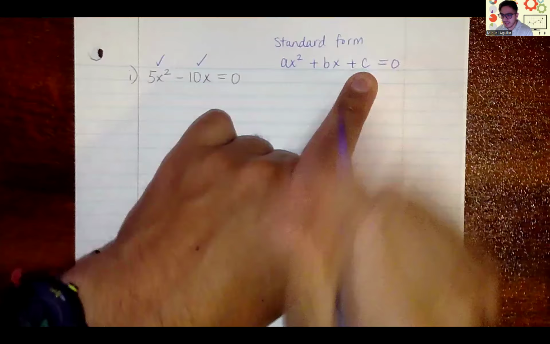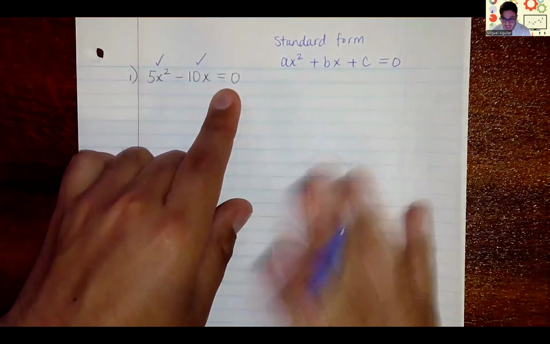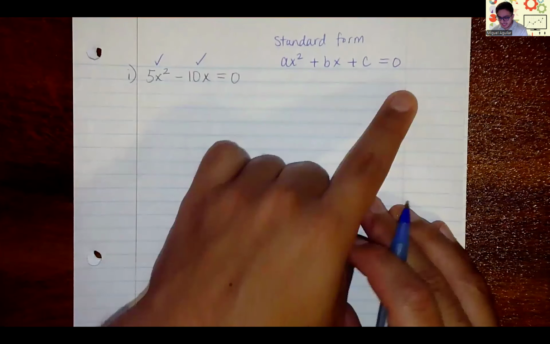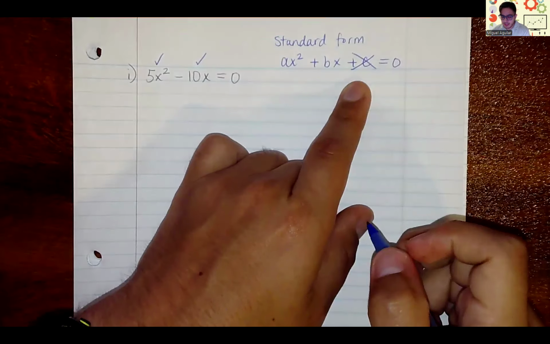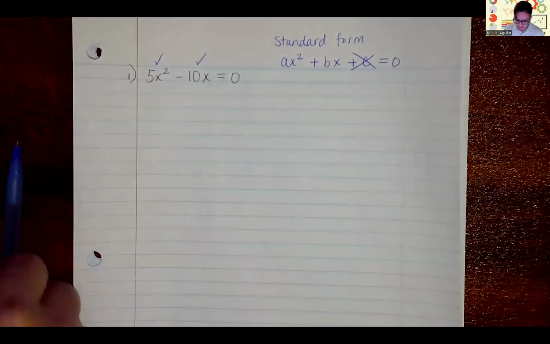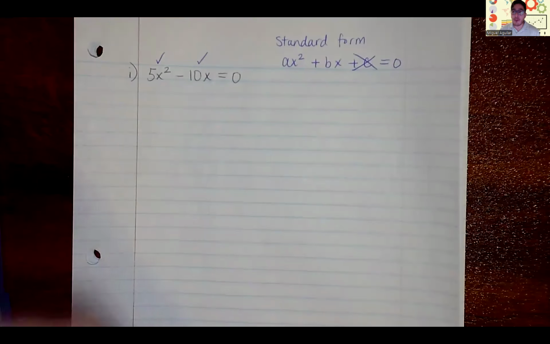So this constant is usually at the end before we have the equal 0. That's not the situation we have. We're missing this plus c term. But that's okay, because the zero product property is pretty flexible. So long as you can factor your quadratic polynomial, whether it has two terms or three terms, you should be able to factor it and then set your two factors equal to 0.